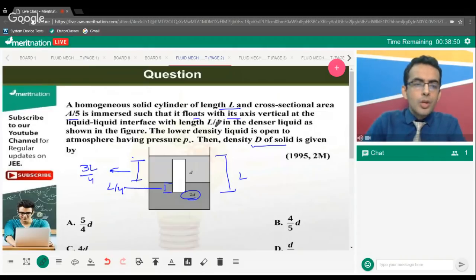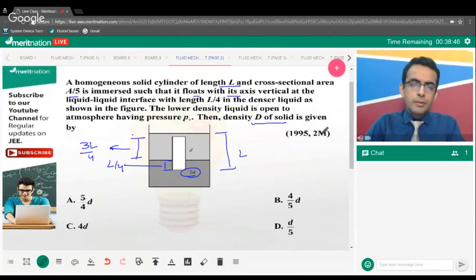Now how to solve this question? The solid cylinder is immersed in the liquid and is in equilibrium.